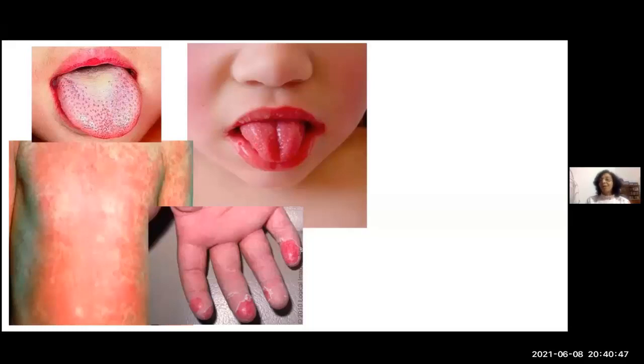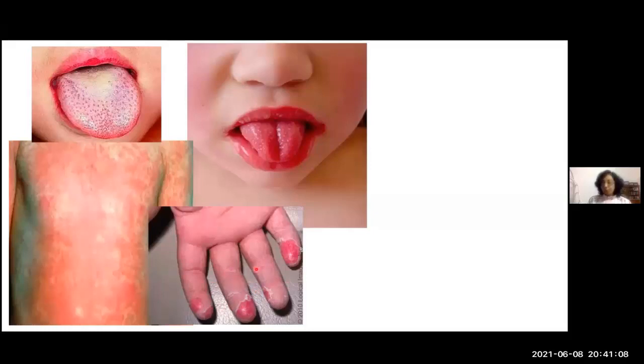So children have high fever to begin with, they are irritable, they develop this maculopapular eruption, and if you feel the skin, you will have a sandpaper-like feeling, and after a few days, you might see this skin peeling.